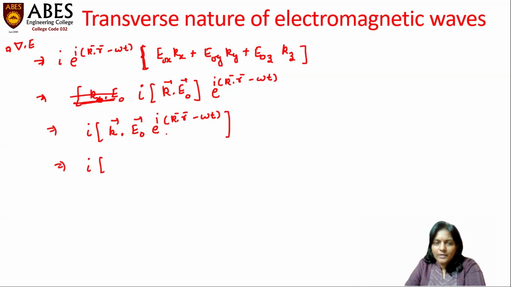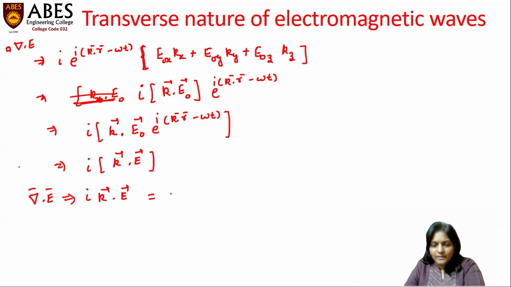And this k dot E0 e raised to the power i(k dot r minus omega t) becomes k dot E. So I am calculating del dot E. On the left hand side, this is del dot E and it is equal to i k dot E. And we know that del dot E is equal to 0 by Maxwell's first equation. It means i k dot E is equal to 0, which shows that k is perpendicular to E. It means vector k is perpendicular to E.